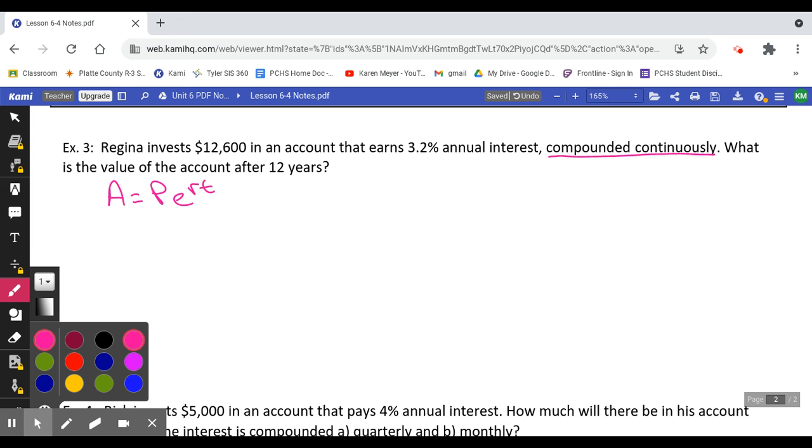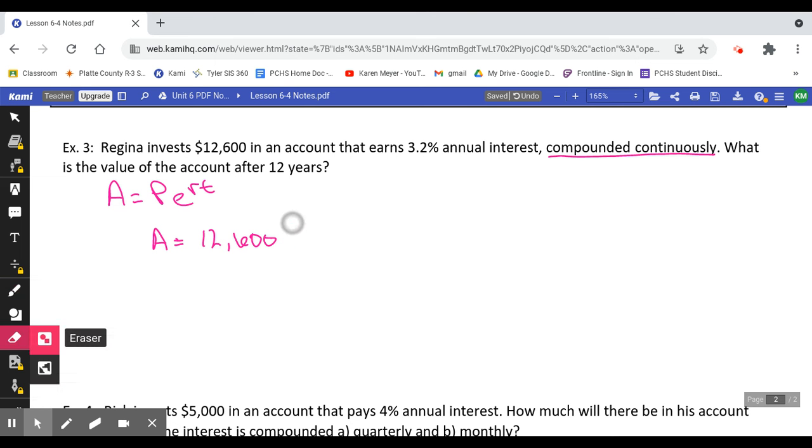So we got A equals the starting amount, which is $12,600, and then we have the letter e, raised to, now my percent made a decimal, 0.032, times our time, which is 12 years.